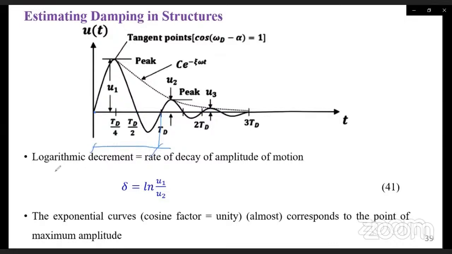So we define something called the logarithmic decrement, because we have seen our amplitude declines in a logarithmic manner. So this is defined as the natural log of u1 over u2, the natural log of the change in amplitude. And of course, the maximum value occurs when the value of the cosine factor at this point will be equal to 1.